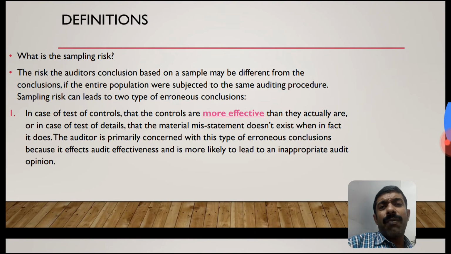In case of test of controls, that the controls are more effective than actually they are, or in case of test of details, that the material misstatement does not exist when in fact it really exists. The auditor is primarily concerned with this type of erroneous conclusion because it affects audit effectiveness and is more likely to lead to an inappropriate audit opinion.